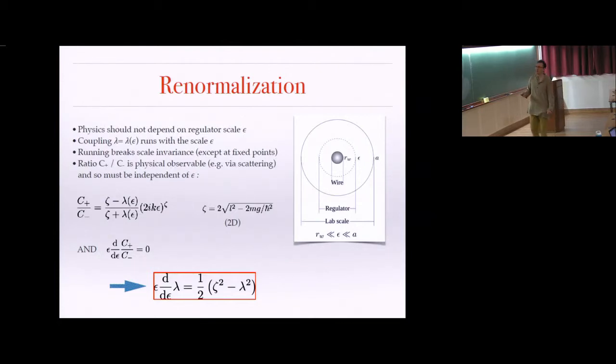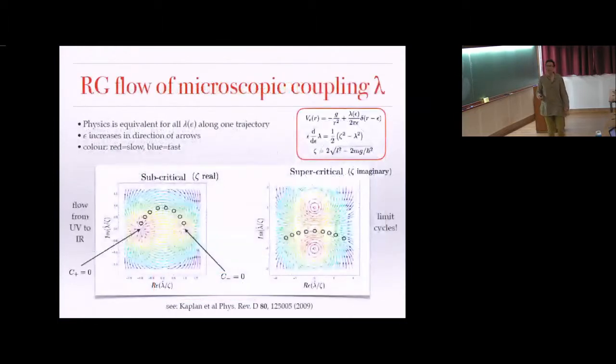What one finds when we apply that is this flow equation for how lambda flows as a function of epsilon. These are the renormalization group flow equations.